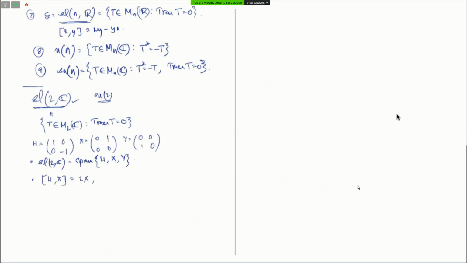H, X is 2X, and this is H. So H, X and Y satisfy these relations, and these relations are going to be crucial.